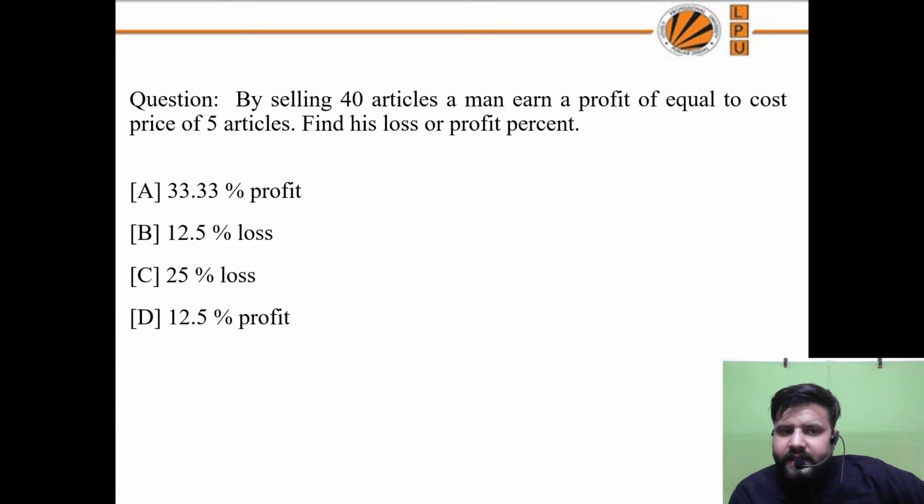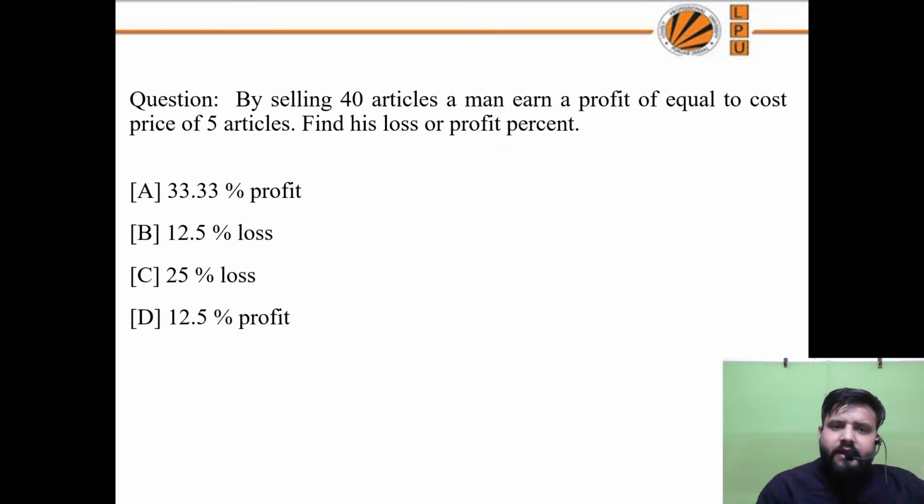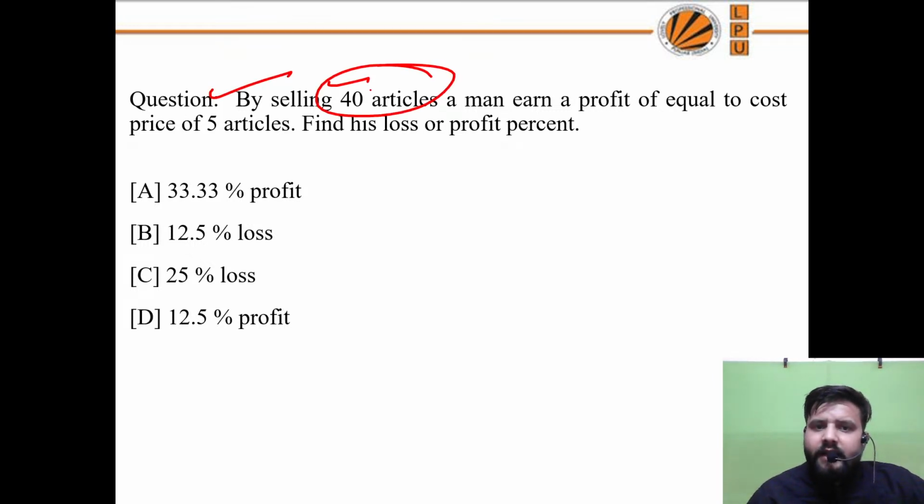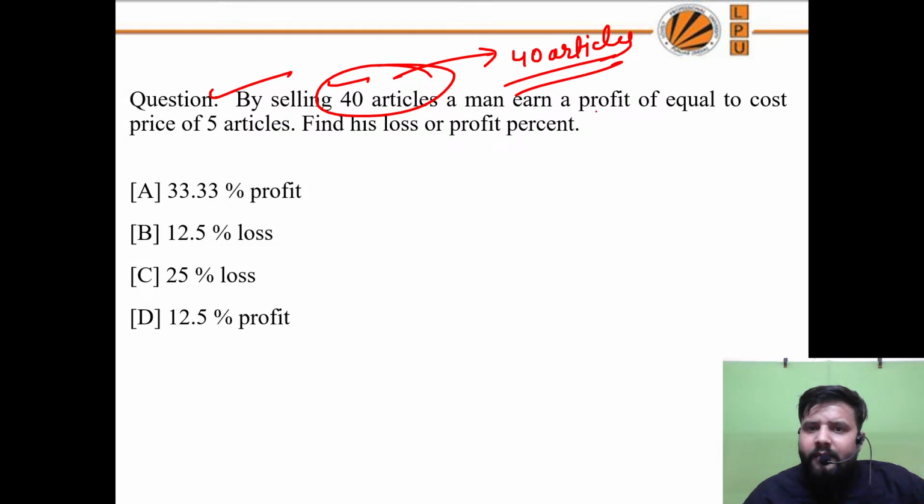Okay, Sumit says it is 25% loss. Okay, let's see it. Question says you are selling 40 articles. It means you have to assume that you have purchased 40 articles also. Getting it? Now the man earns a profit which is equal to the cost price of 5 articles. So in the question there is profit.